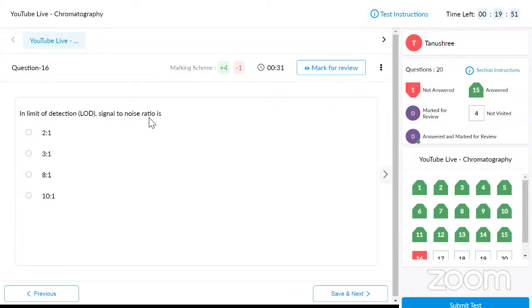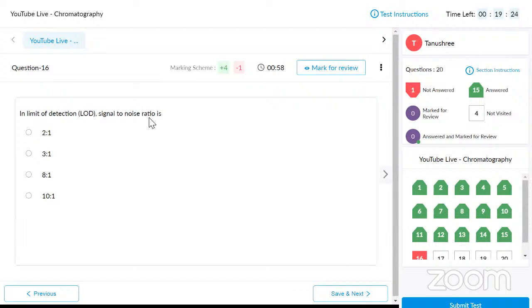The LOD is the concentration at which the signal level of the substance reaches at least 3 times the signal noise of the baseline. Lower limit of detection means the minimal quantity or the minimal concentration of the sample which your detector or chromatography technique can detect. So that is called the lower limit of detection.